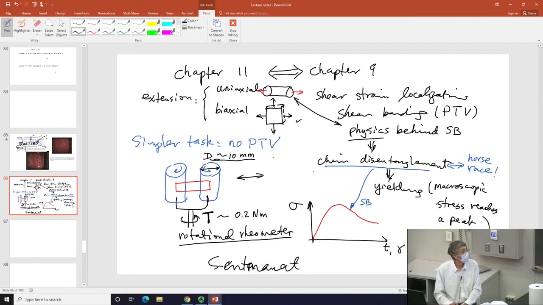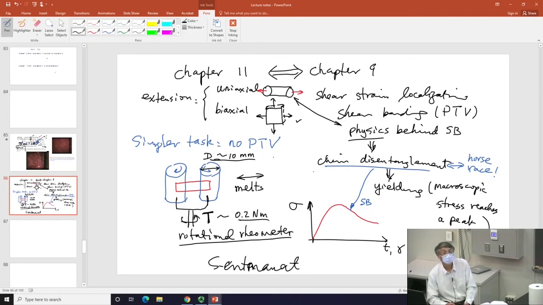So with this device, even when you are dealing with melts, the torque that arises due to stretching a piece between the two drums is not going to exceed the limit of the rheometer. What does that mean?